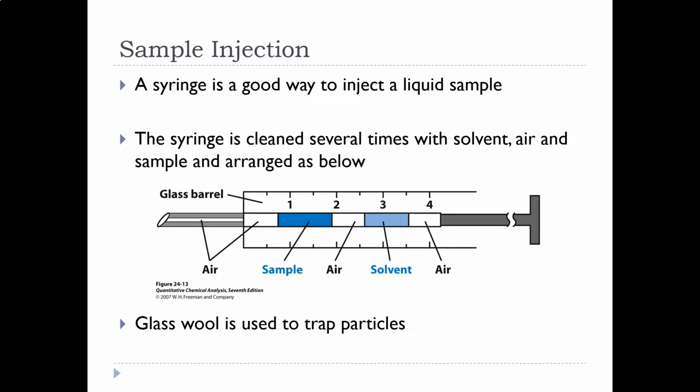It's cleaned out really well. And then the sample goes through some glass wool, which all that does is just in case there are any chunks of things, it gets rid of them before it goes through the instrument, because solid particles, especially like dust, those kinds of things, are not going to boil when it gets into the oven. And so then it's going to be an impurity and cause some issues and maybe screw up your column.